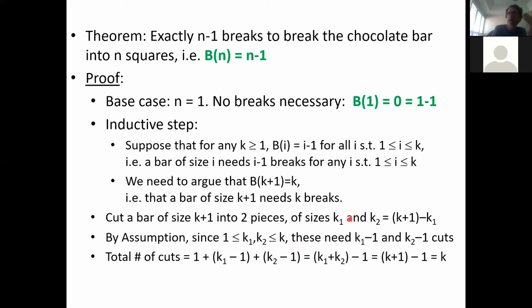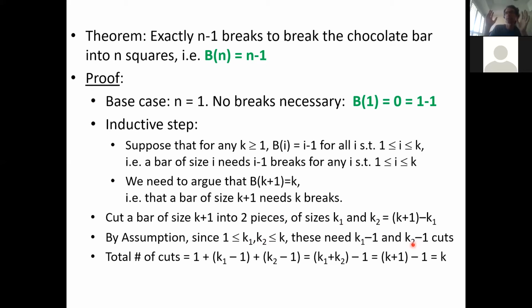In other words, say you have the main bar, it has k plus 1. You created the left sub-bar with k1 elements and the right sub-bar with k2 elements. Both of these sub-bars, you can now use the hypothesis about: regardless of how you cut the k1 sub-bar, the number of cuts it needs is k1 minus 1, because k1 fits into this range. k2 also fits in this range, so therefore, the number of cuts the right sub-bar requires is k2 minus 1.